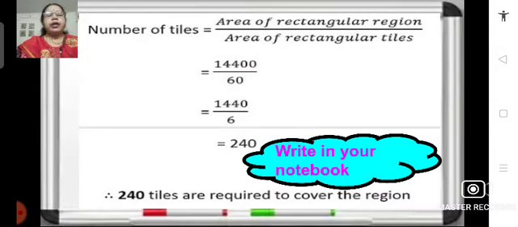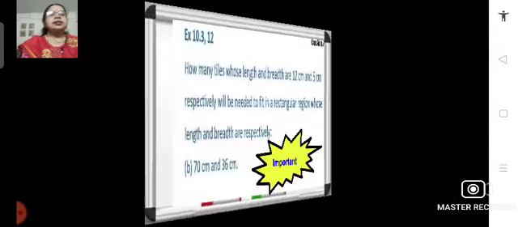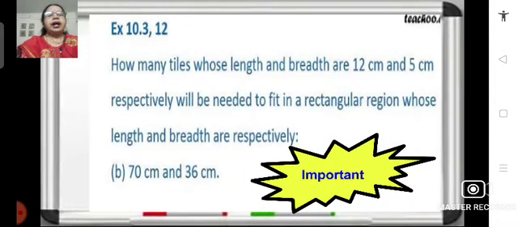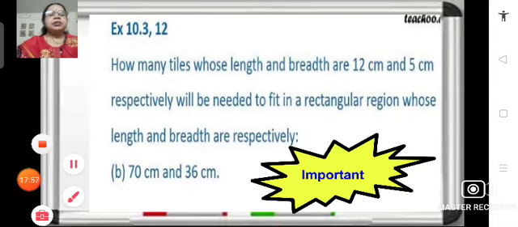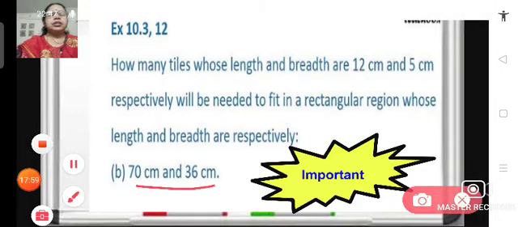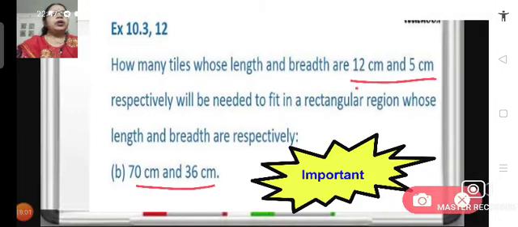Now next part of the problem is B. How many tiles whose length and breadth are 12 centimeter and 5 centimeter will be needed to fit in a rectangular region whose length and breadth are 70 centimeter and 36 centimeter. So we have already found out the area of the rectangular tile.